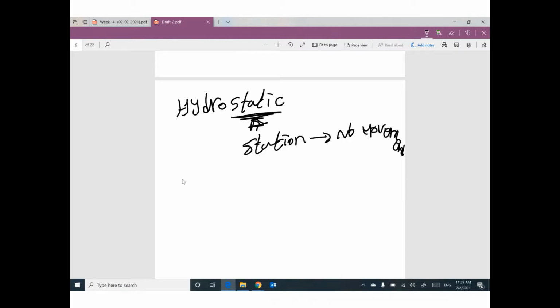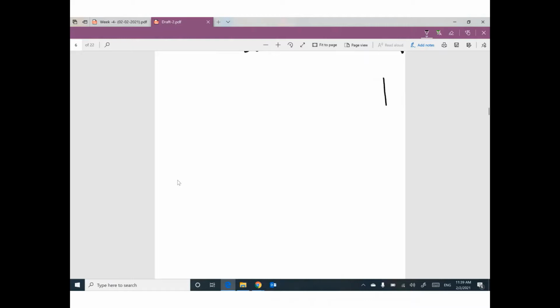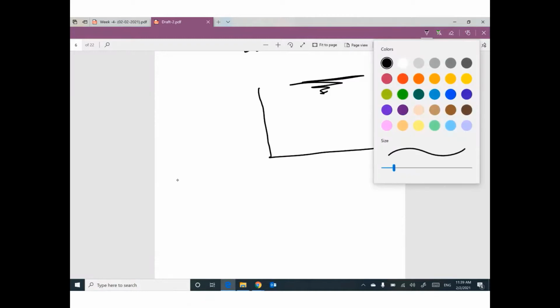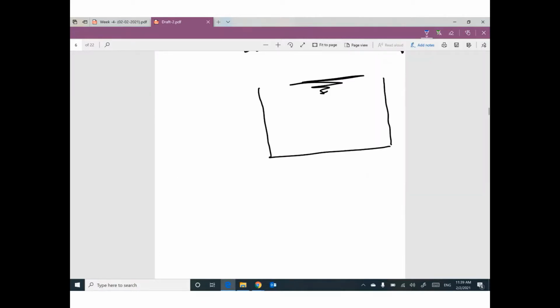When you are talking about a tank of water or a swimming pool, the water inside this tank has no movement. It is at a stationary stage. So we learned that the pressure equals gamma H.